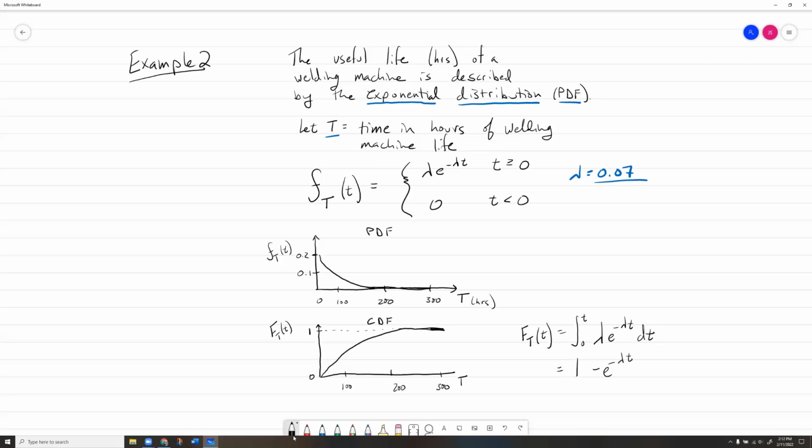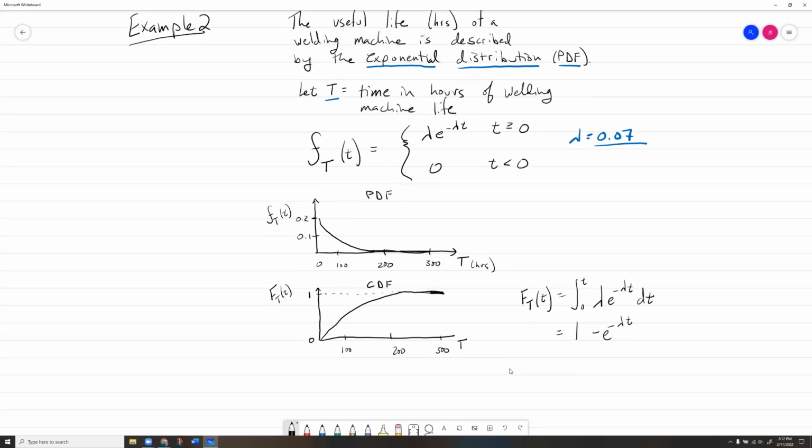So we're just subtracting whatever this is from 1, and eventually this gets so small that we essentially get 1, right, as t becomes really big. So as t approaches infinity, big F of t, the cumulative distribution function, approaches 1.